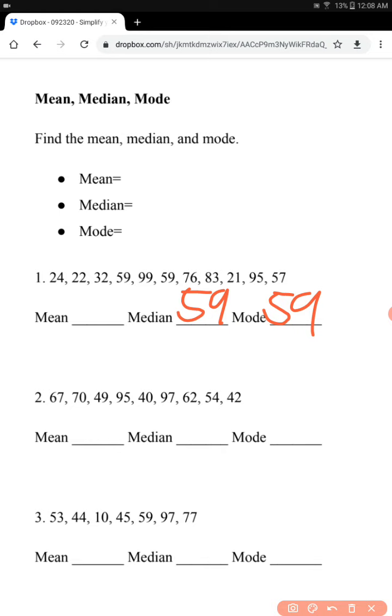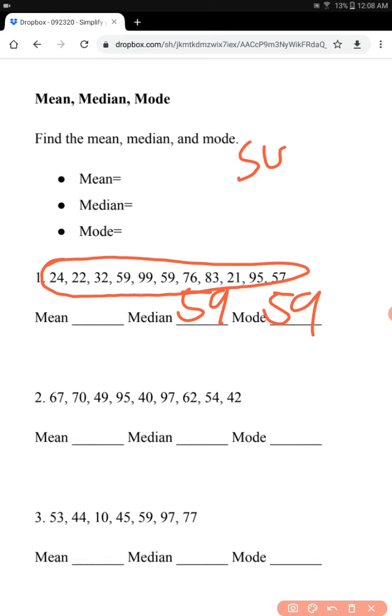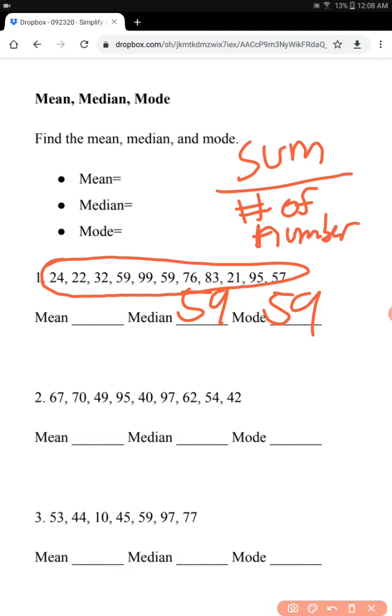In order to find the mean, or the average, we would add all of these numbers and then divide by how many numbers there are. So it's the sum divided by the number of numbers in the list.